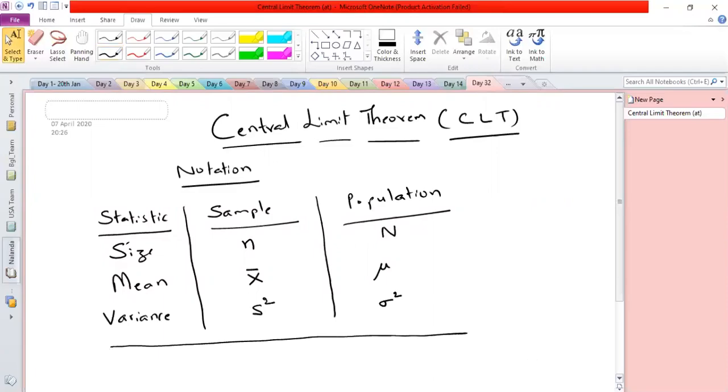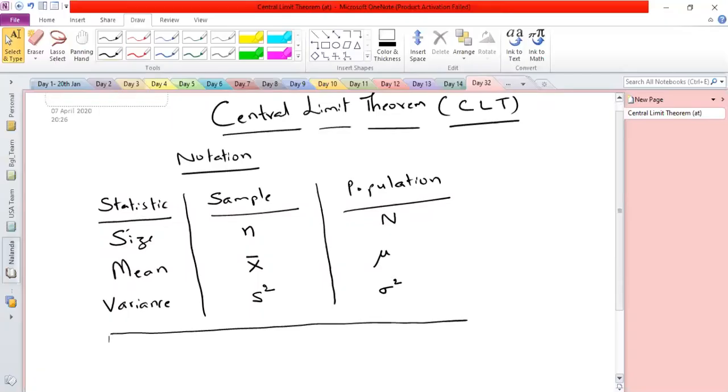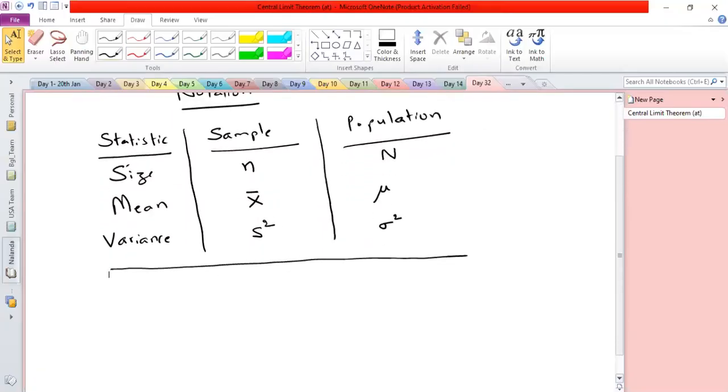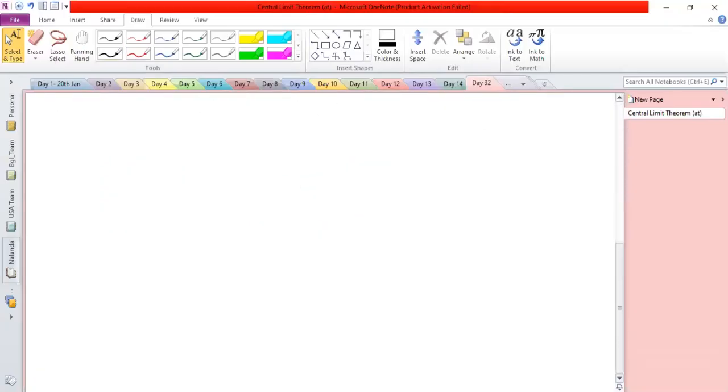Today, let us please pay some attention, because this is a very important concept, and it is an easy concept. It's not rocket science. We are still in inferential statistics.